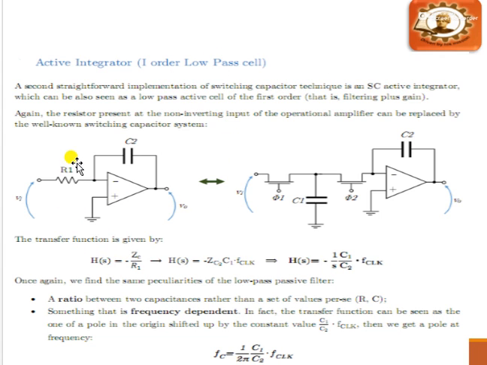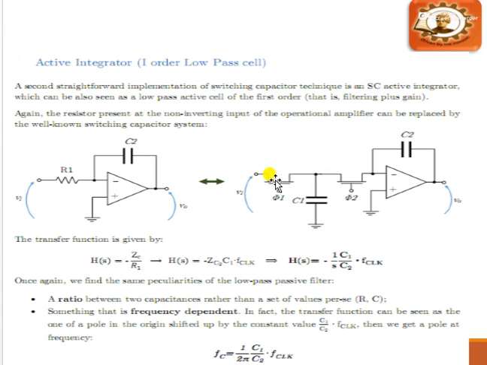Here resistance R1 is replaced by a switch capacitor, as shown in figure 2. The transfer function is given by this expression, and ultimately we get H equal to minus 1 by s C1 by C2 into FCLK, where we put the equivalent value of resistance R1 using a switch capacitor.